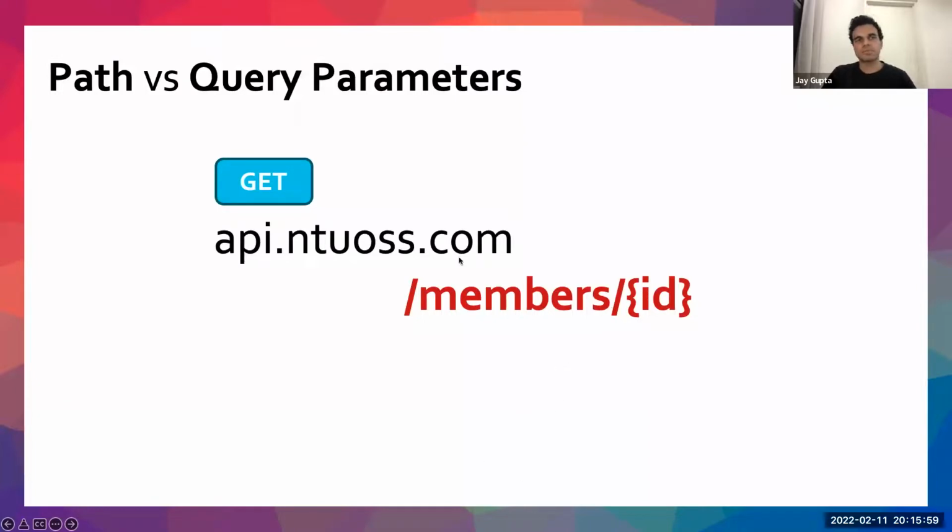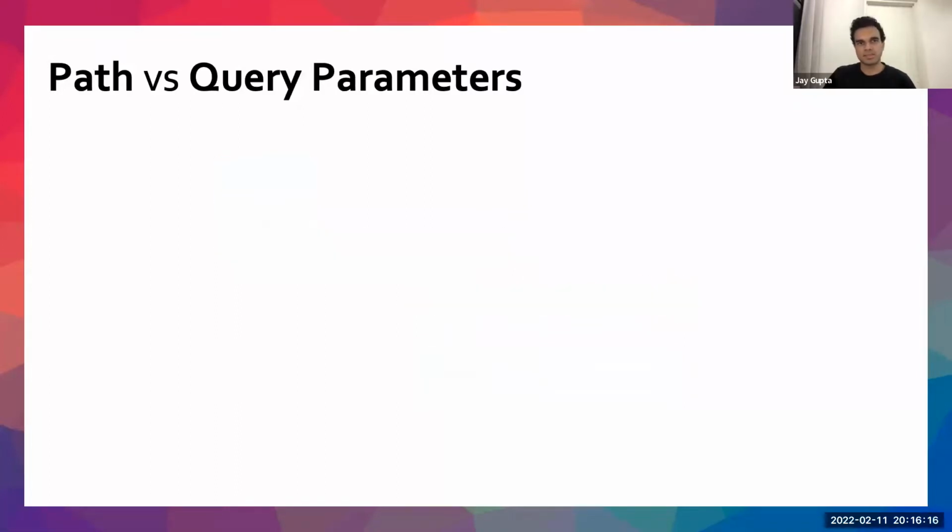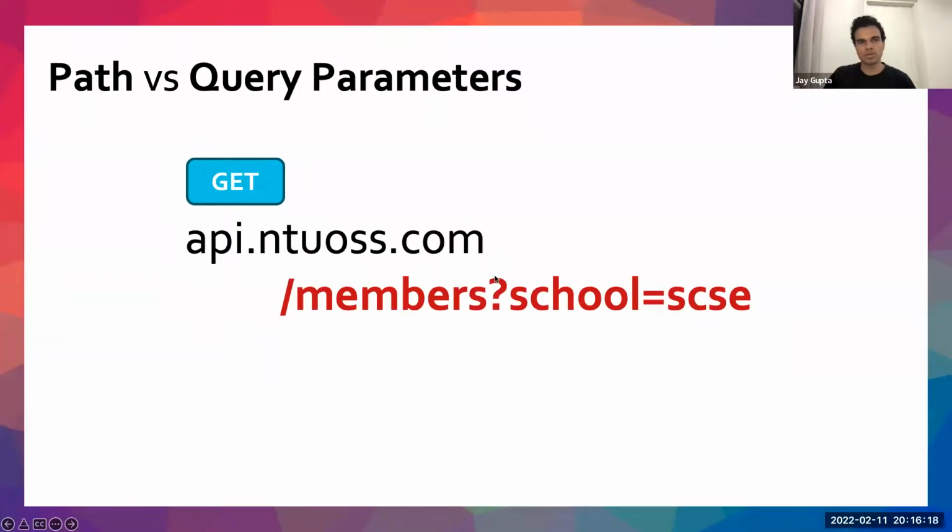Suppose we have deployed the API to ntoss.com and we have this endpoint members. There are two ways we can query a member. Firstly, we can have it as /ID, or we can have it as a question mark, and then specify a single parameter or multiple parameters.